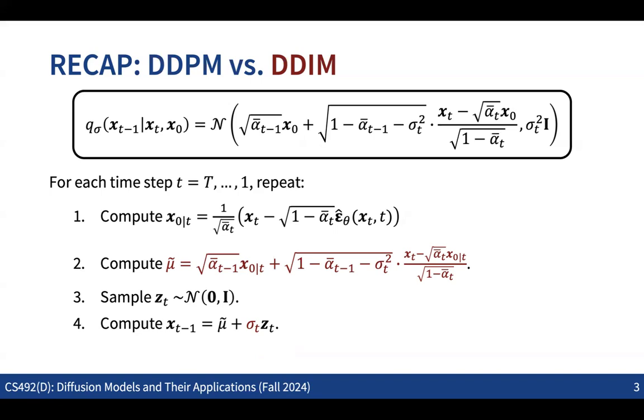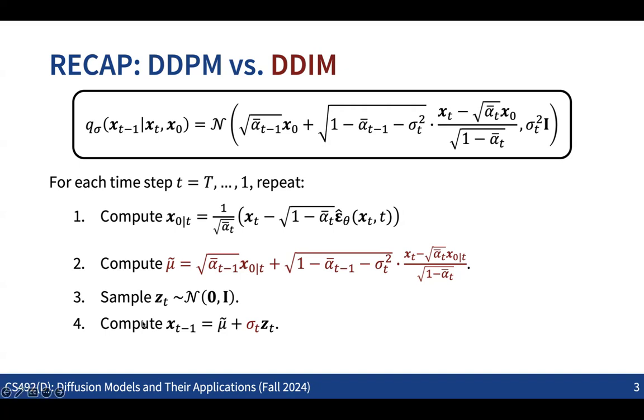So here, we can still compute the prediction of the x0 from the x_t and the epsilon prediction, but now the mean is changed into this formulation, and based on that we can still sample from the Gaussian. So the only difference is that we are changing only one line. There will be really just a one-line change of the code in your assignment as well, which is having a different mean and variance here.